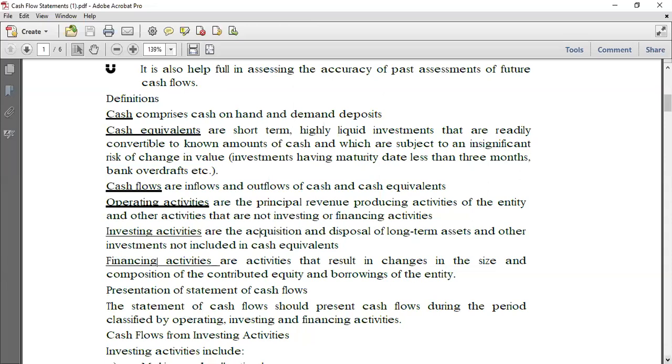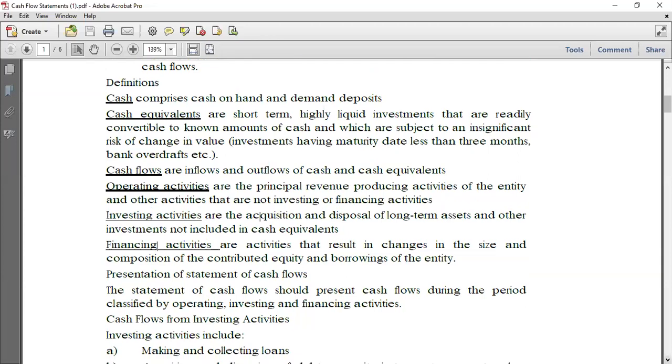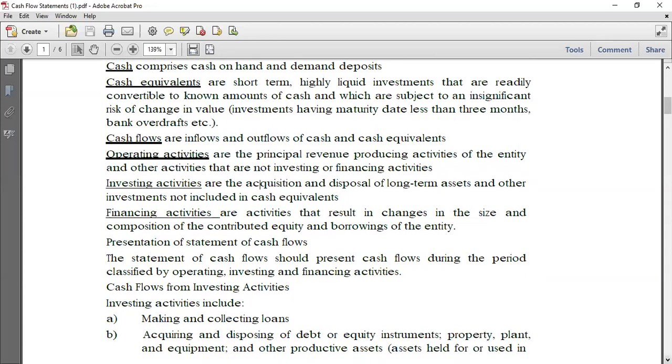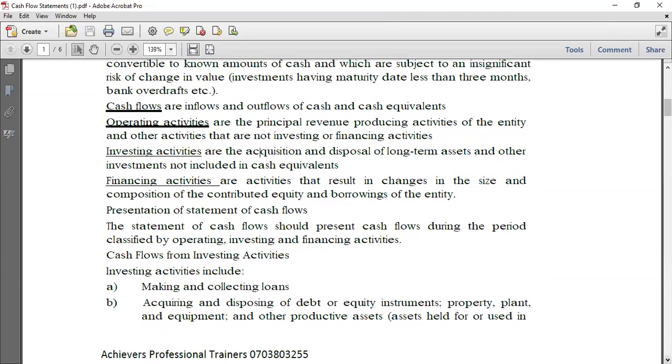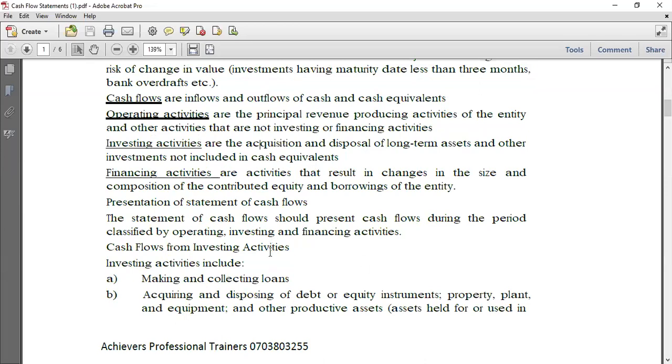Now, when we look at the presentation of the cash flow, you're going to appreciate something, okay? So the statement of cash flows, of course, presents cash flows during the period that are classified under respective categories: the operating, investing, and financing activities, okay? Now, cash flows from investing activities, just like the way I've been trying to give you some of them.